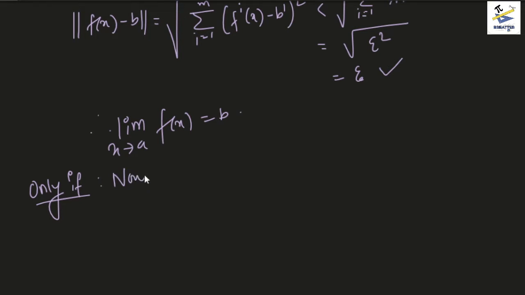we suppose first that limit x tends to a, f of x equals b.